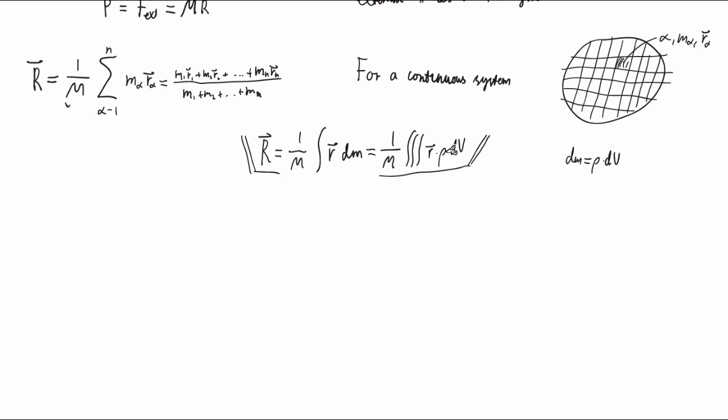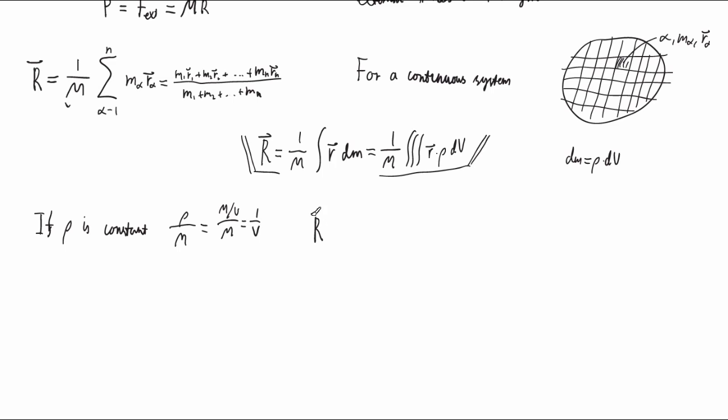Now, if rho is constant, if we have an object that has a constant density, that means we can take rho outside of the integral. Then we get rho over m. We know that rho is the total mass divided by the volume. So rho over m just becomes equal to 1 over the volume.